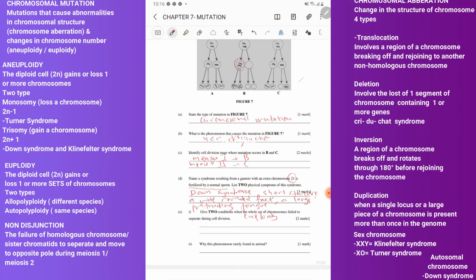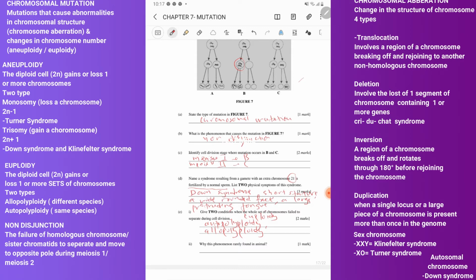Okay, conditions of euploidy, there are two types: either autopolyploidy, involving the same species, or allopolyploidy, involving different species.